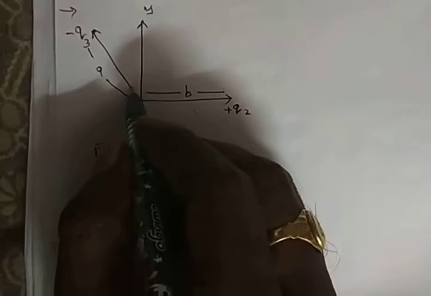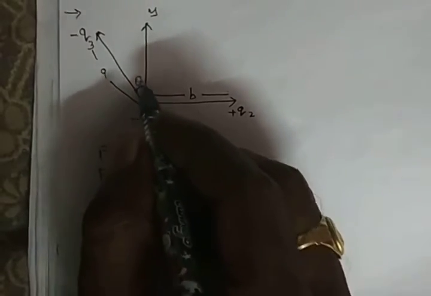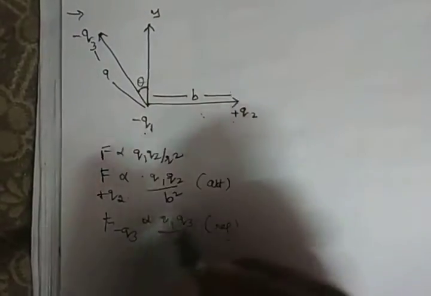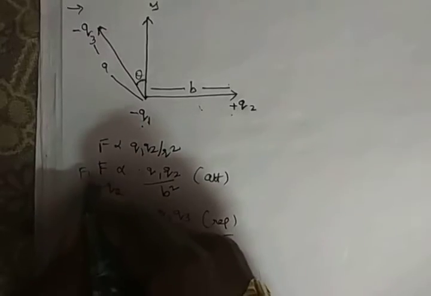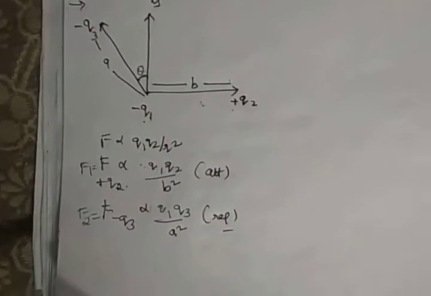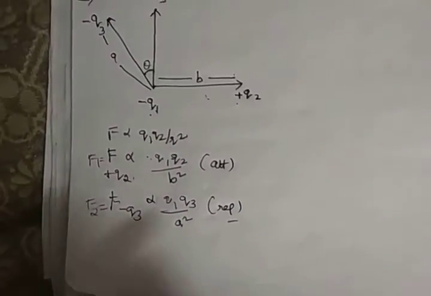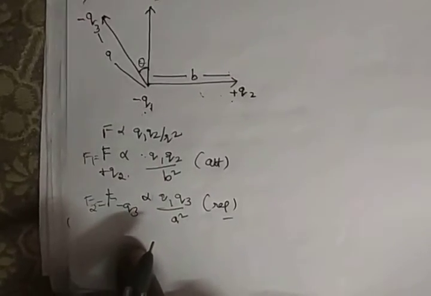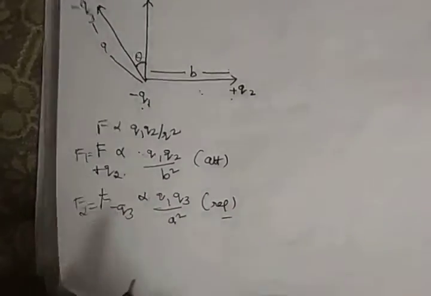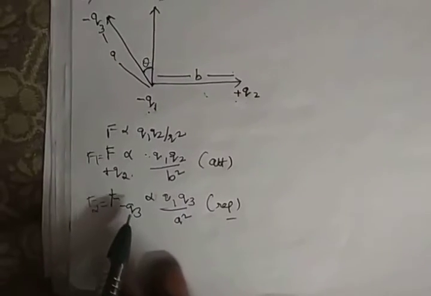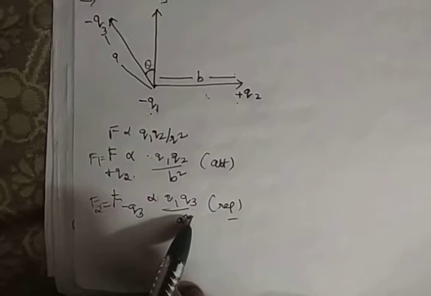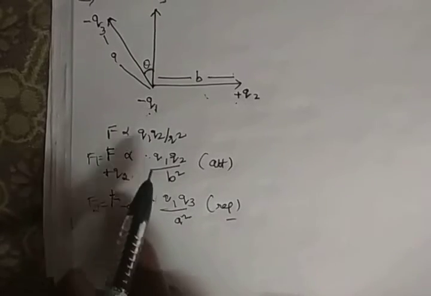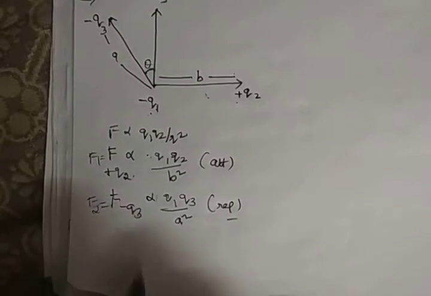Okay, now this force, name it as F1, and this force is named as F2. Now the force F1 between minus Q1 and Q2 is along the x-axis, but the force F2 is between minus Q3 and minus Q1, so it is making an angle theta with the y-axis.